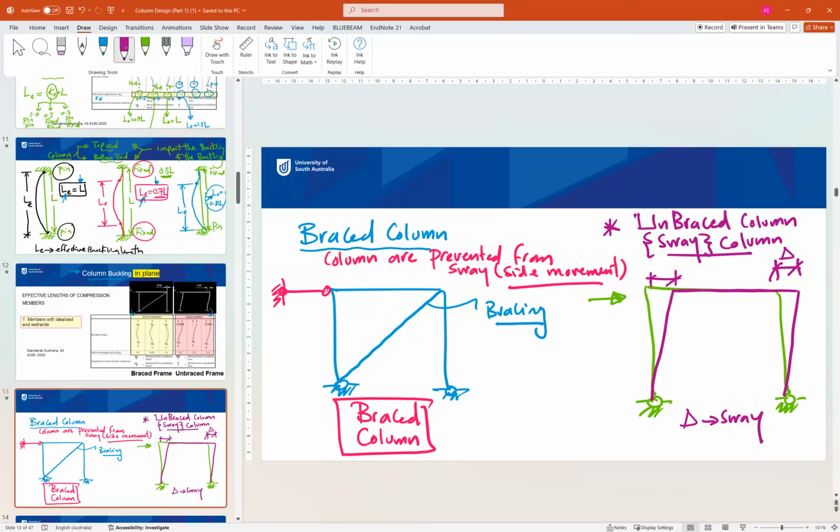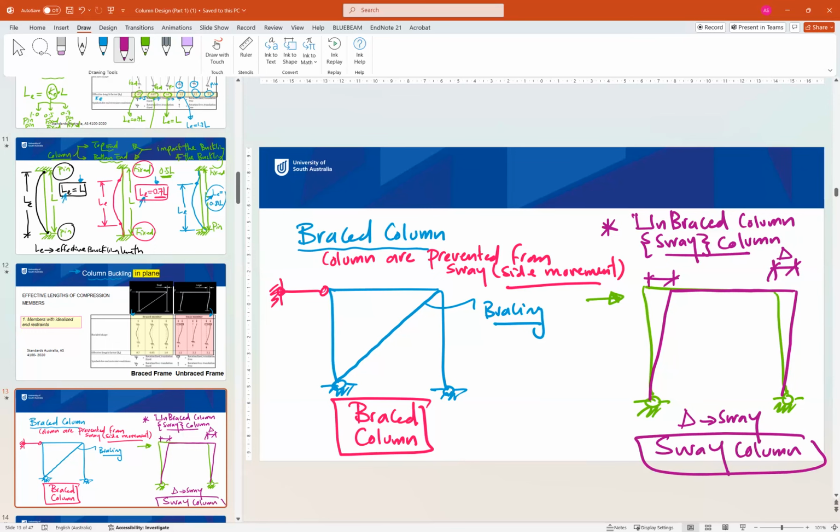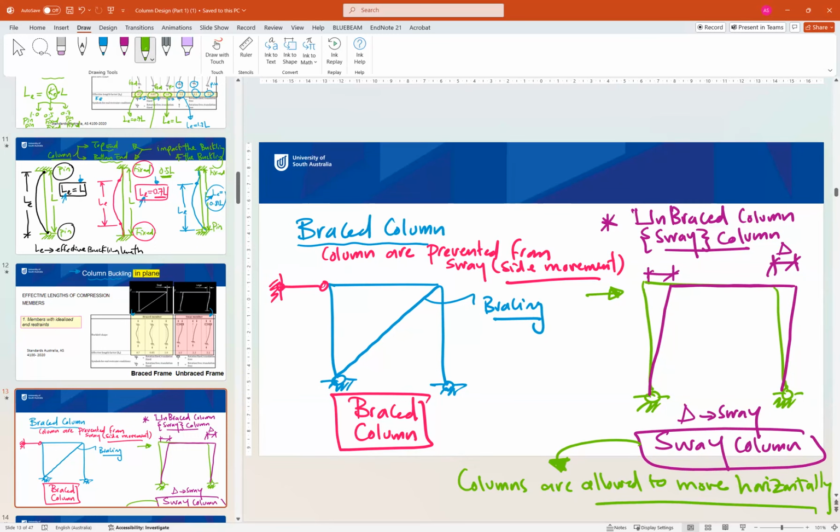Sway column means that the column is allowed to move horizontally because no support prevents its side movement.